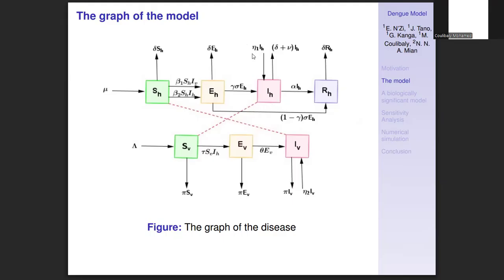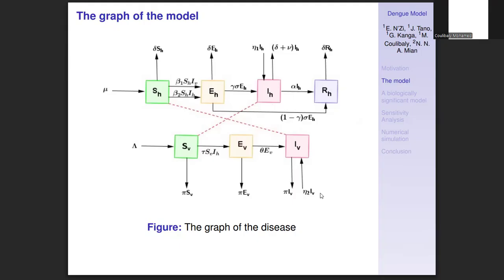And this new constant, eta 1, represents the proportion of newborns who are infected in the population of humans. And this newborn is infected by a new transmission, which is a maternal transmission.